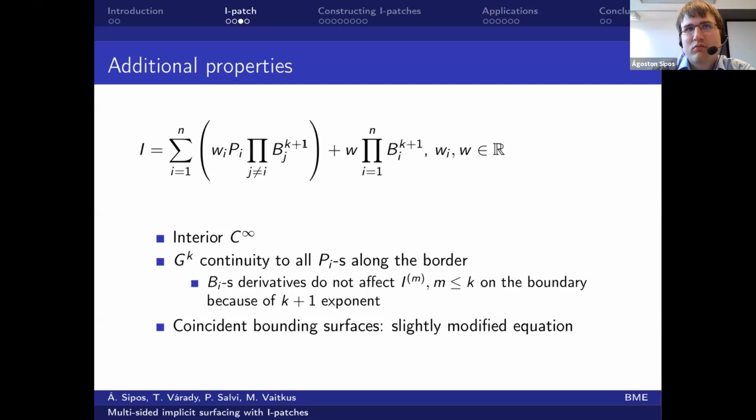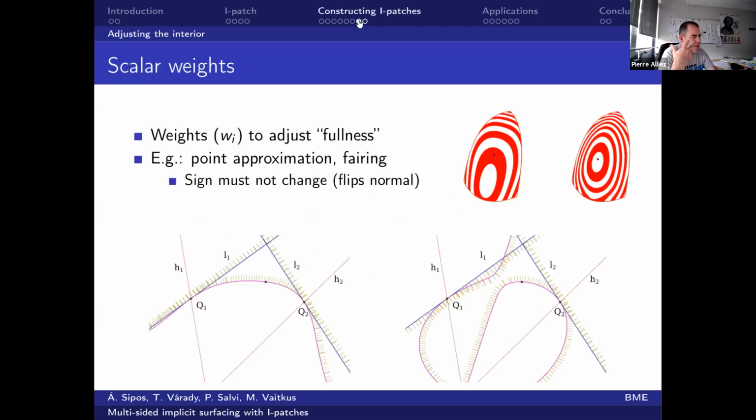So my question is about, you mentioned this notion of fullness. That conveys some intuition, but could you say a little bit more about it? You mean like the difference between these?